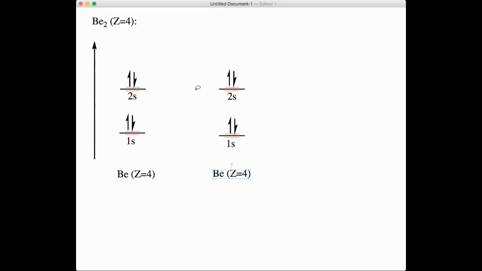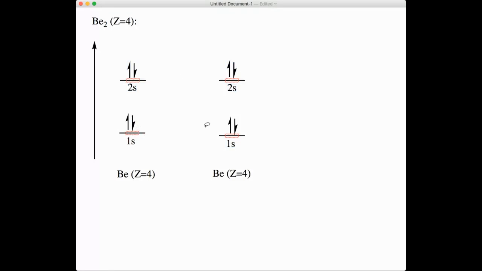Okay, guys, so this is the electronic configuration. I will combine both 1s and both 2s. Remember the linear combination of atomic orbitals: we combine orbitals that are similar in energy. That's important to keep in mind. That's why we combine shell number 1 with shell number 1 and shell number 2 with shell number 2, because they have the same energy levels.